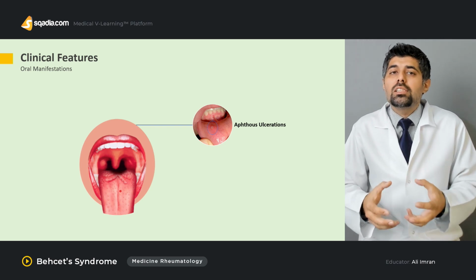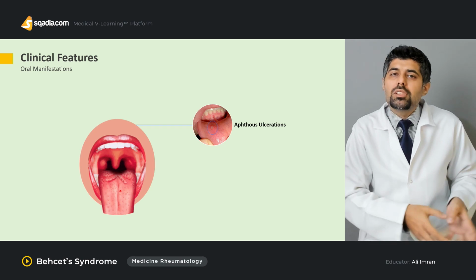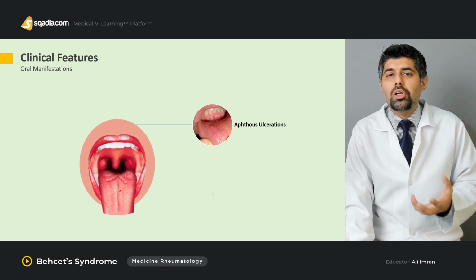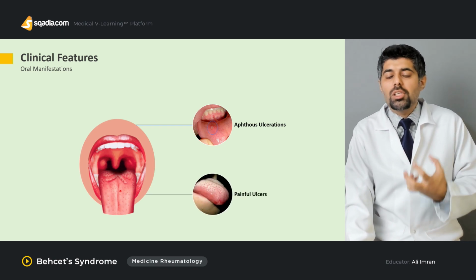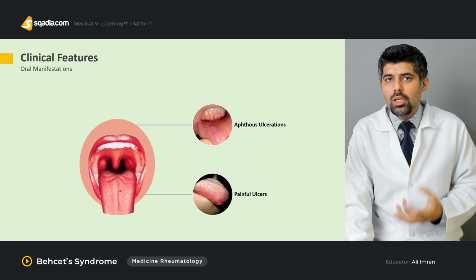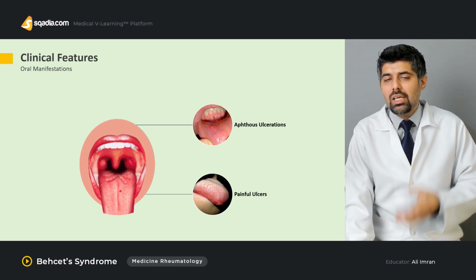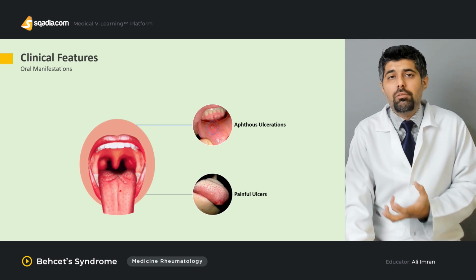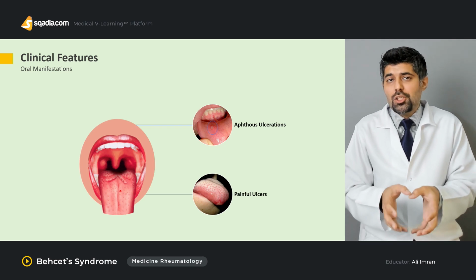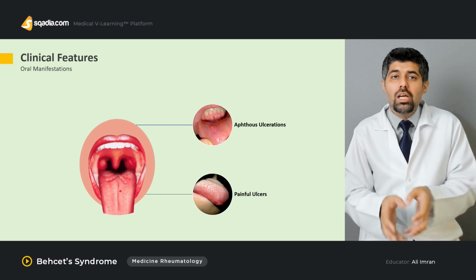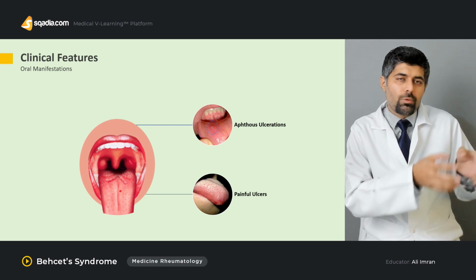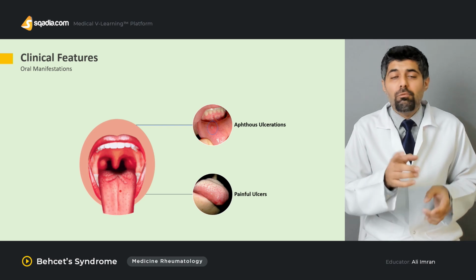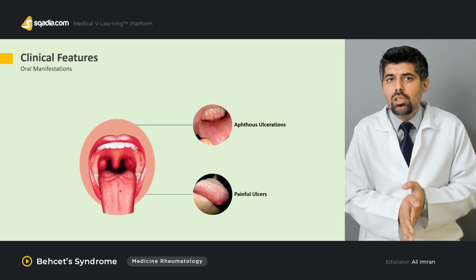And whenever both the aphthous ulcers and the herpetiform ulcers start to form in the oral cavity, this leads to painful ulceration inside the mouth. Whether aphthous or herpetiform, this manifestation is pathognomonic for the Behcet syndrome. You cannot diagnose any patient without this presentation.